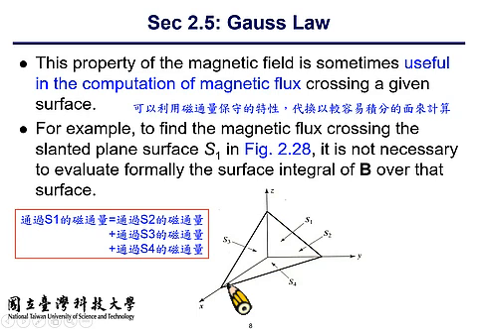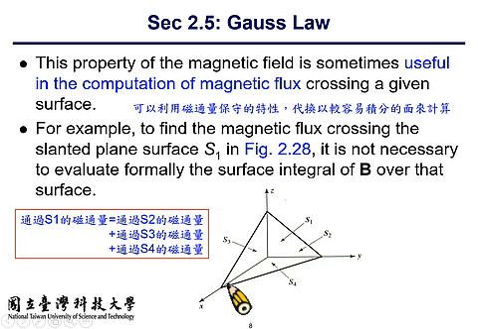For example, S1 is a triangular surface bounded by these 3 lines on this Cartesian coordinate axis. However, S1, which is bounded by this triangle, can be replaced with the surface integral of S2 plus S3 and S4.